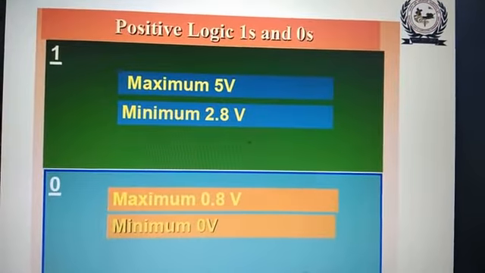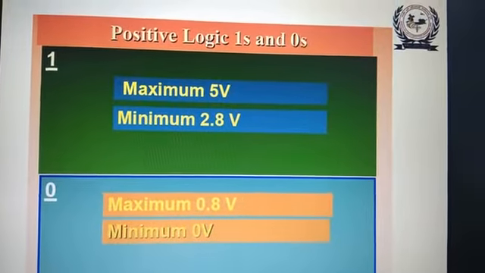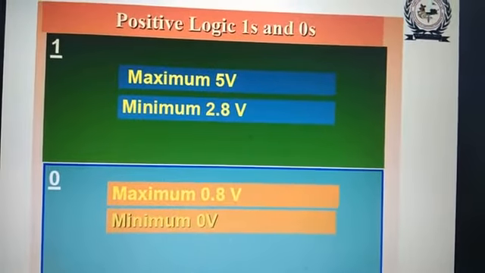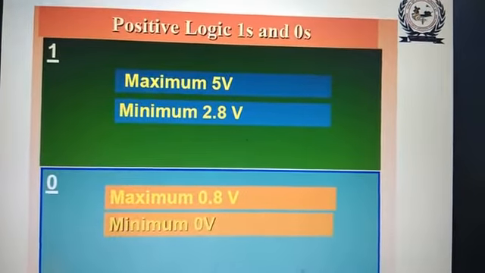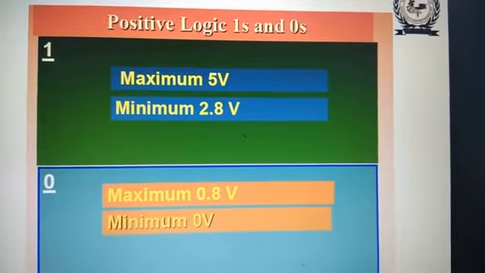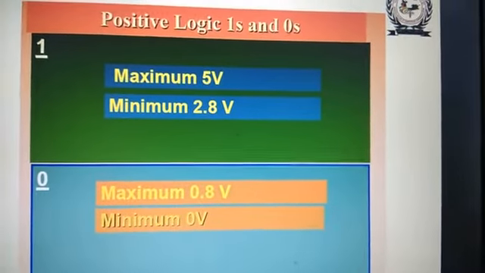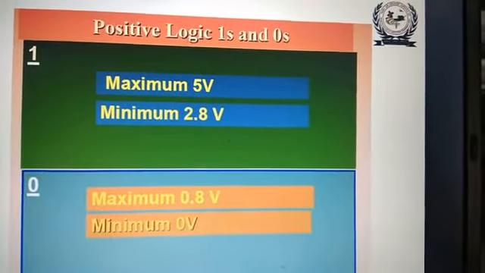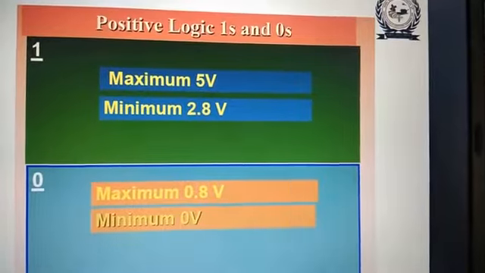Let us say 1 indicates maximum 5 volt and minimum 2.8 volt, and 0 logic indicates maximum 0.8 volt and minimum 0 volt. This can be defined. There may be a change in the definition according to the availability of the logic voltages.